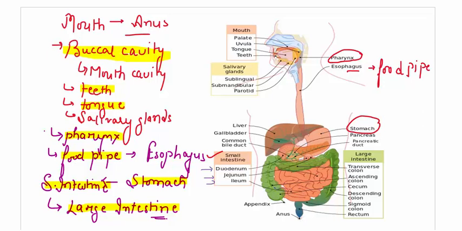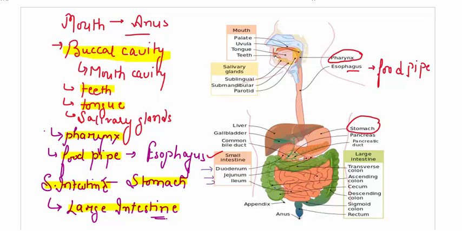You can see when the food leads to the large intestine, this is the ascending colon, transverse colon, descending colon, and then this is the rectum, and the food is egested out through the anus. These are the points and regions you have to consider for the digestive organs.